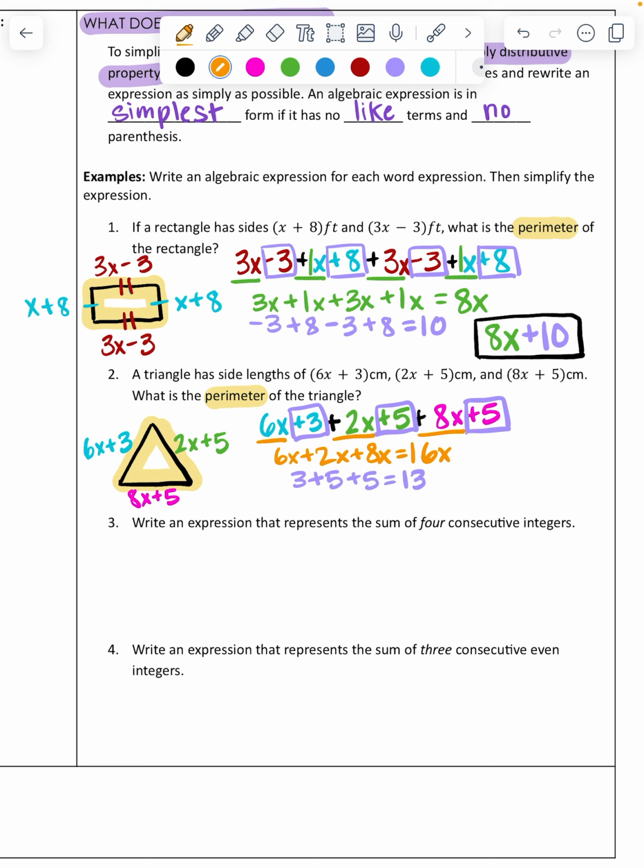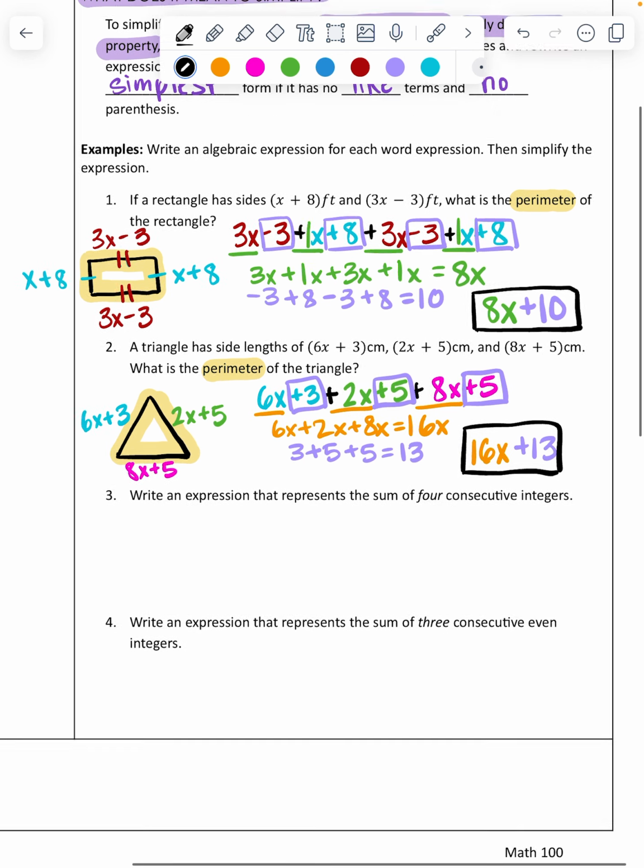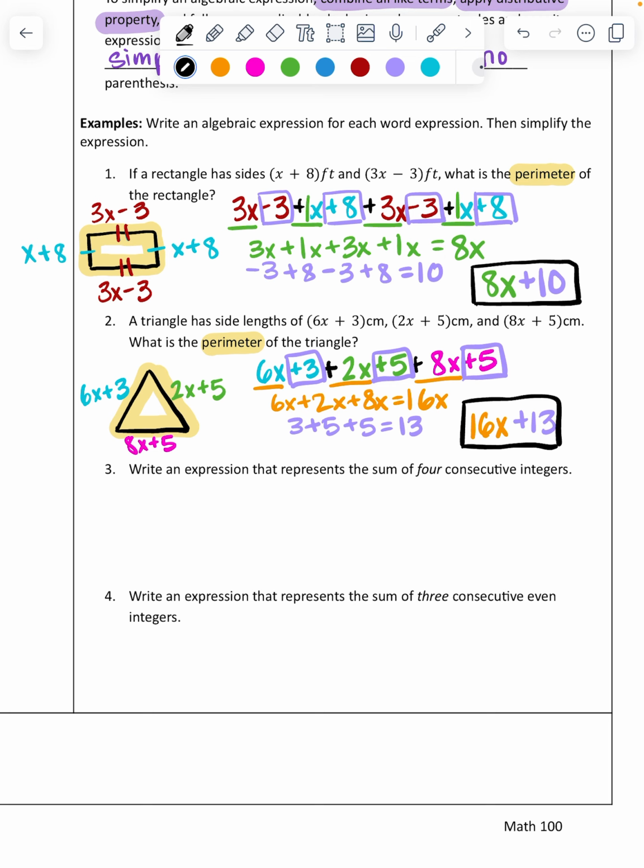So my simplified expression for the perimeter is 16x plus 13. So those are the perimeter problems that you'll be seeing on your practice today. The other types of problems you're going to see are consecutive integer problems. This says write an expression that represents the sum of 4 consecutive integers.